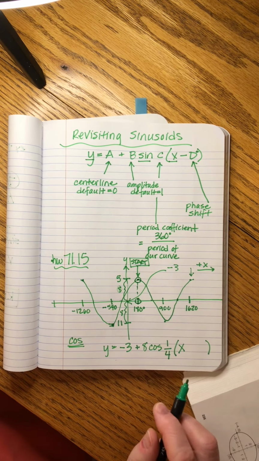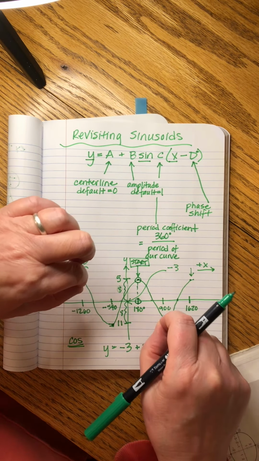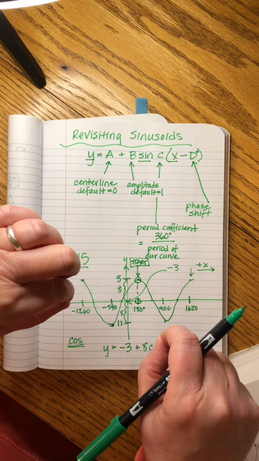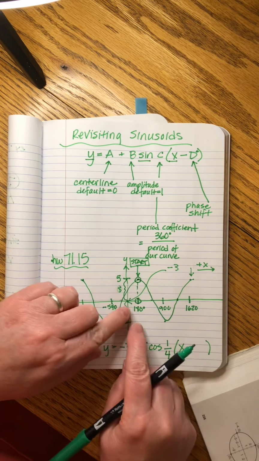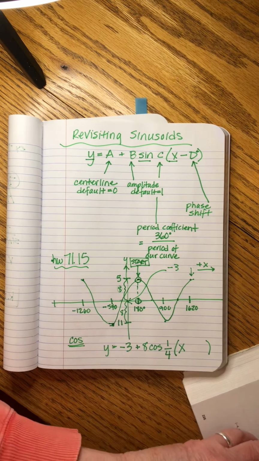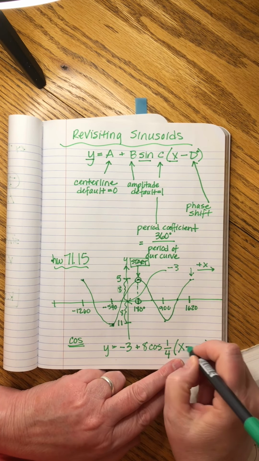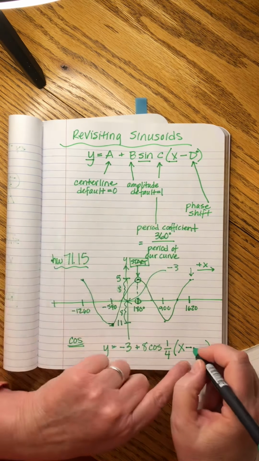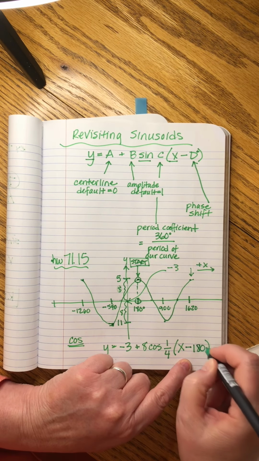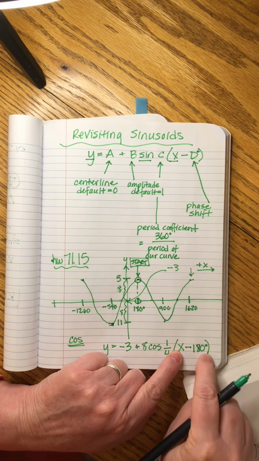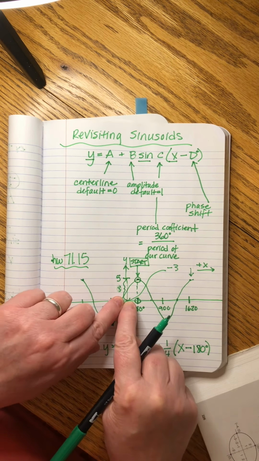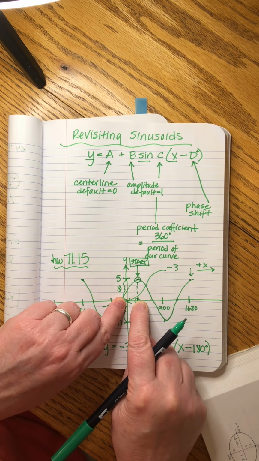So what that tells me is that somebody picked up our Elmer's glue dried yarn and moved it to the right 180 degrees before they put it back down. So our phase shift is 180 degrees and the minus sign belongs in there. So if it says minus 180, that means it was a positive 180 shift, right?